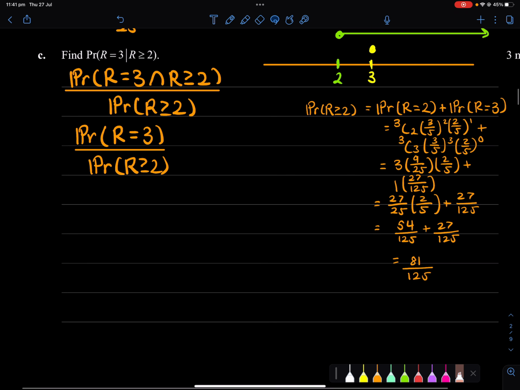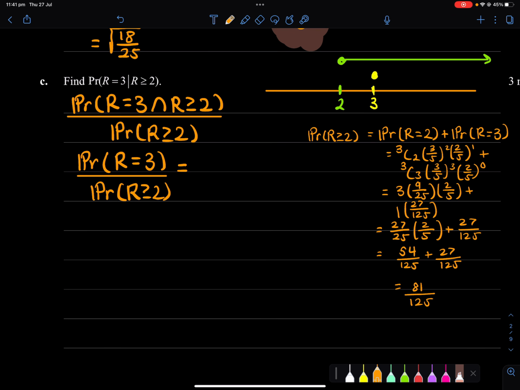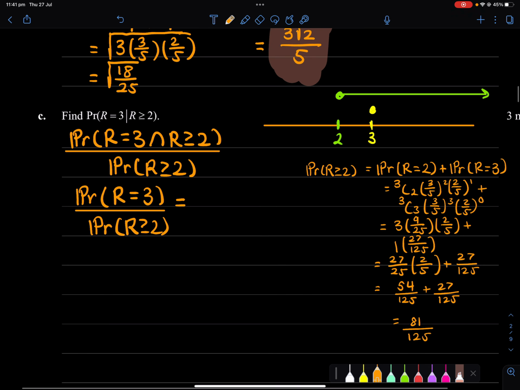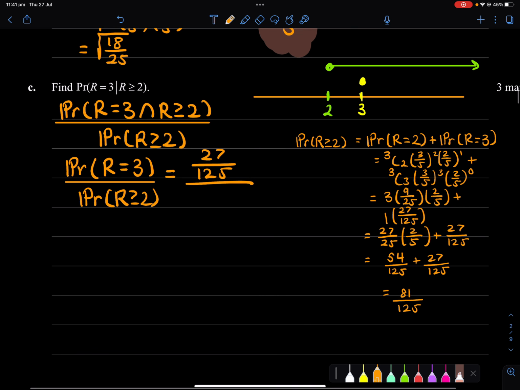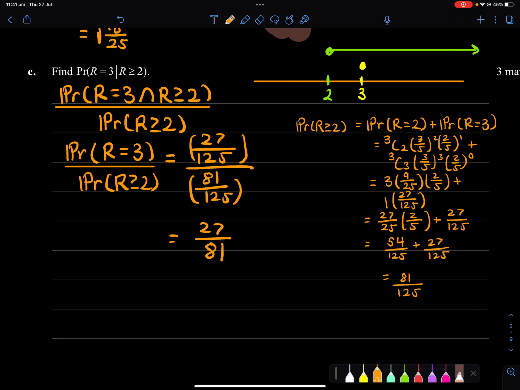Now, this now equals... So we know the probability if r equals 3, which was 27 over 125, all over r is greater than 2, which is 81 over 125, which is therefore equal, so 27 over 125 divided by that is 27 over 81.